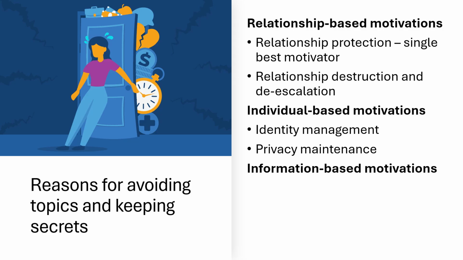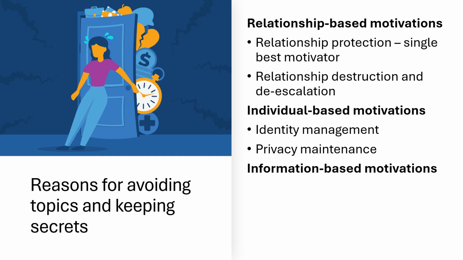Individually, you might keep a secret or avoid talking about something to protect yourself, right? To maintain a positive self image because you fear that the other person might be embarrassed or that you might be embarrassed based on how they respond. You might fear that they'll criticize you. So in other words, you fear that the disclosure will threaten your identity in some way.